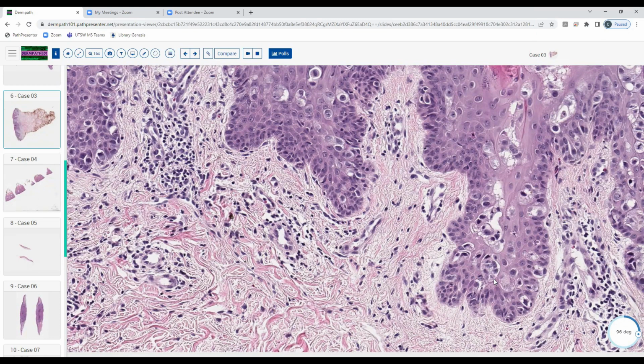For this one, if I was thinking Paget's, I would favor CK7 over CEA. If I was thinking more melanoma, I could consider S100. And I guess even if we were to want to stain the mucin in the cells, we could consider Alcian blue or colloidal iron. Yeah, or mucicarmine is probably one of the ones.